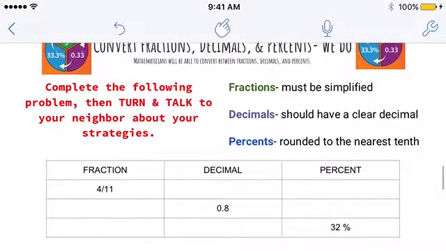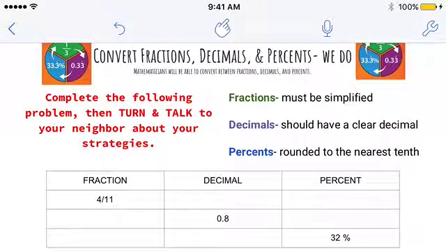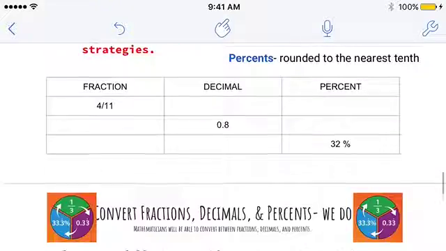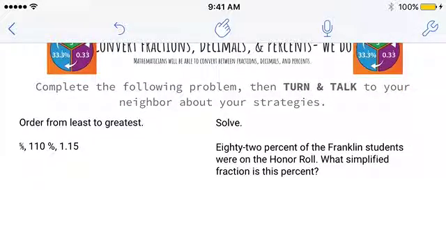Moving on to the we do problems. I want you guys to pause the video and try and fill out your chart and the next section. And then I'm going to actually make the next part in another video.